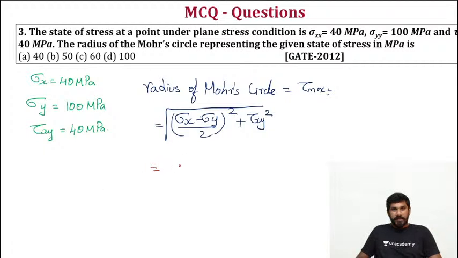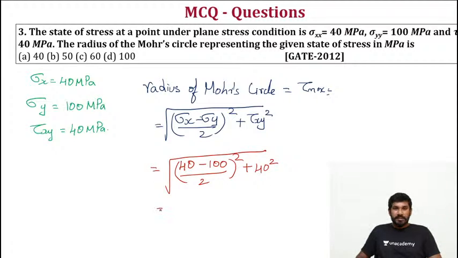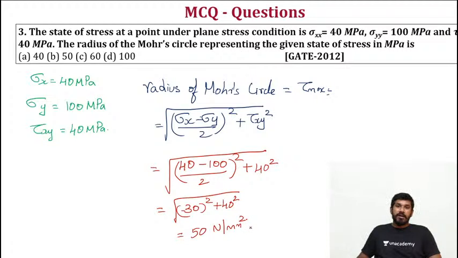So the values are ((40 minus 100)/2) whole square plus 40 square, that is equal to minus 30 square plus 40 square, that is equal to 50 Newton per mm square, or megapascals. You can write it as megapascals.